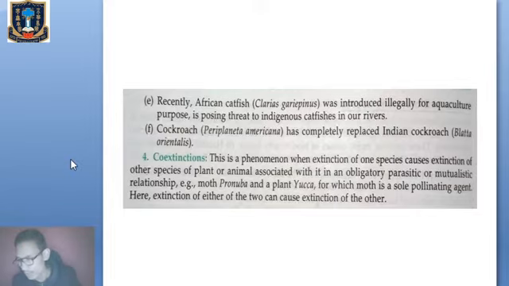For example, some plants can only be pollinated by the honeybee. If the honeybee becomes extinct, then those flowers which are dependent on it for pollination will also become extinct. So this is called coextinction. Extinction of either of the two can cause extinction of the other. So these are a few of the causes for the loss of biodiversity.